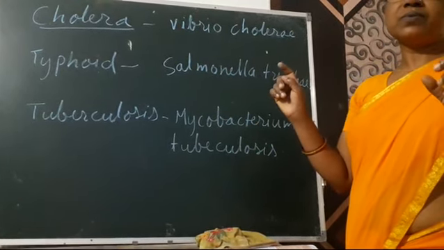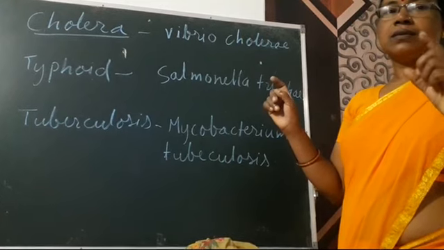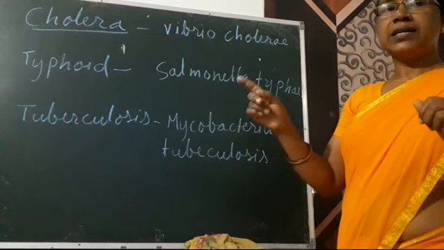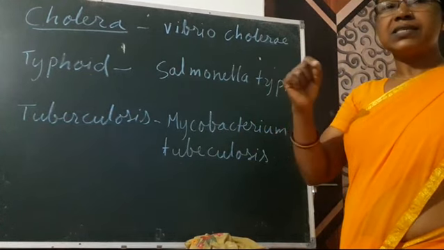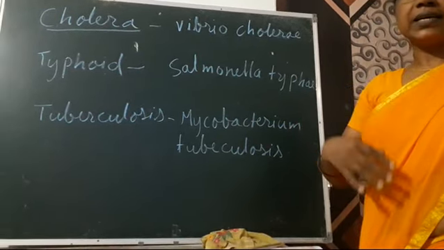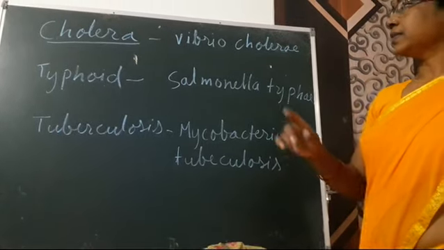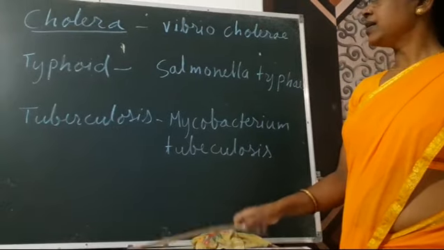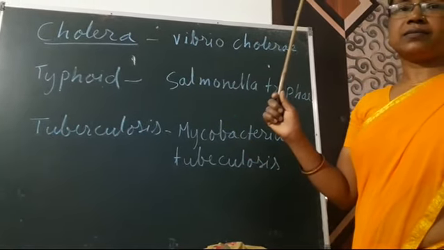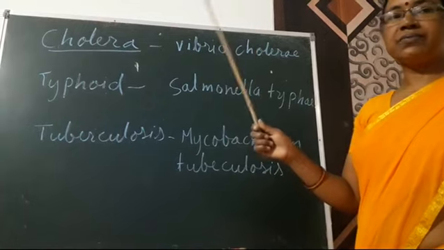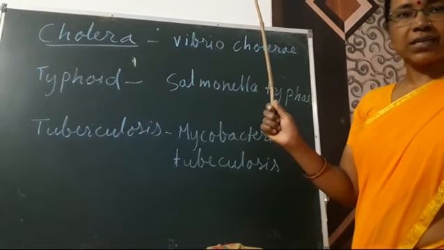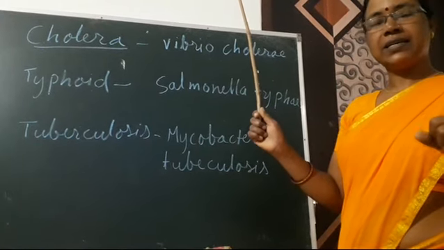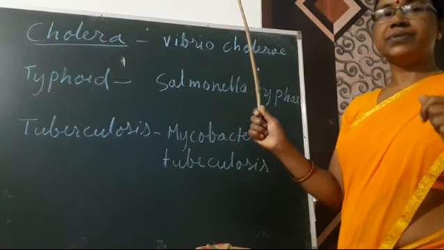And the symptom of this is continuous fever in the afternoon, and rashes appear in the chest region and abdomen. After recovery also, the patient feels very weak, and the person may carry the germs which can attack again, and the person may get the fever.